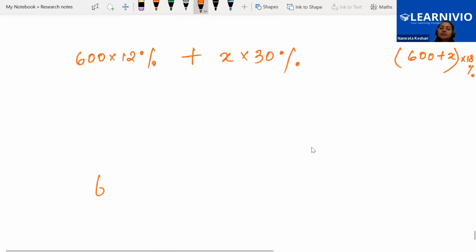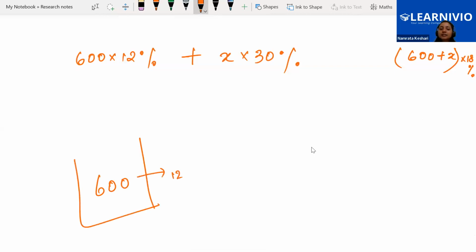If we have 600 liter in this basket where 12% acid is there, we can find the quantity of acid: 600 into 12 by 100. 12% of 600 gives 72 liter of acid. Already 72 liter acid is there.